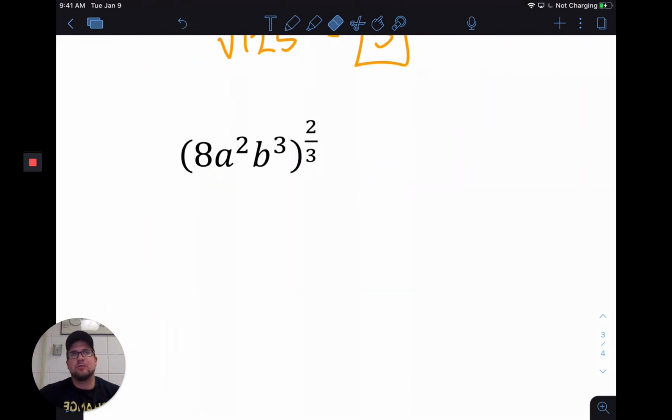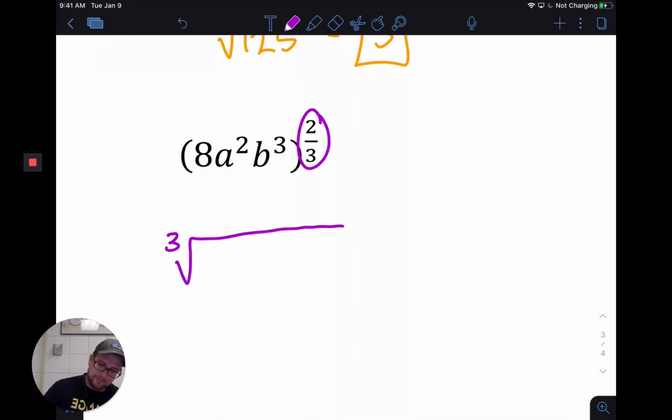All right, so looking at this problem, the way I think I would start is to look at this with a radical in mind. Since all of that's being raised to the 2/3 power, we could look at that as the third root of 8, a to the second, b to the third, with all of that being squared.